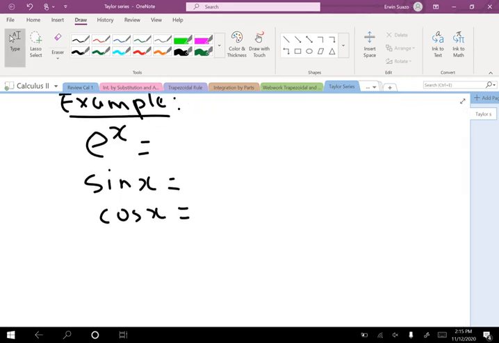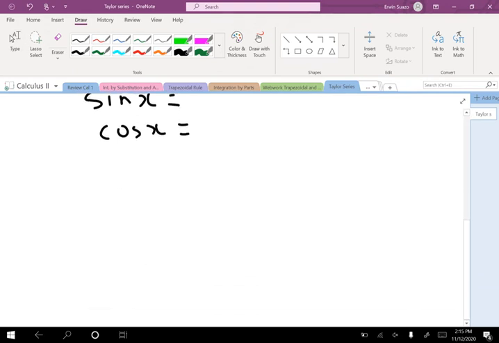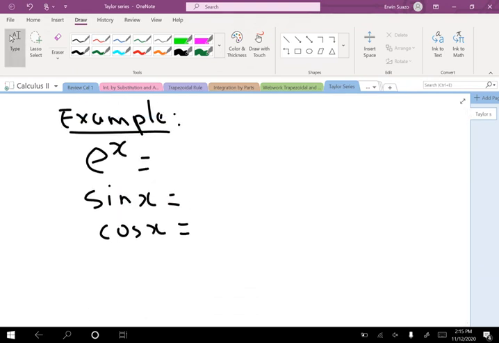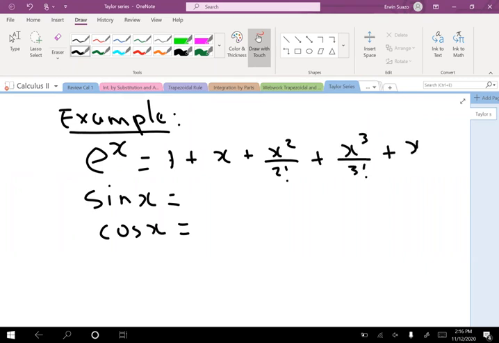We already said exponential, which we have been working with. We said this was 1 plus x plus x squared over 2 factorial plus x cubed over 3 factorial plus x to the 4 over 4 factorial, and so on. And this theory is so beautiful that you are going to understand why the series looks like this, okay?